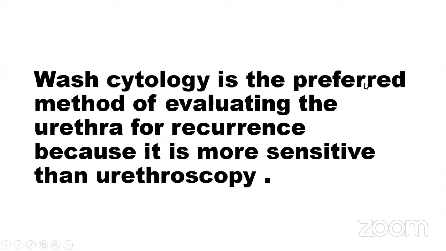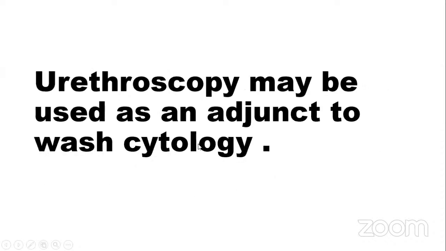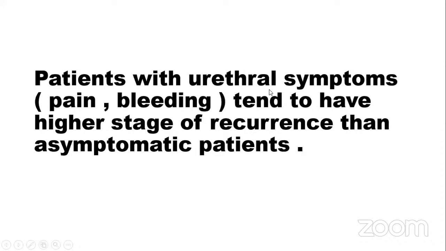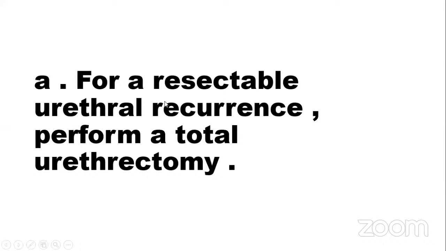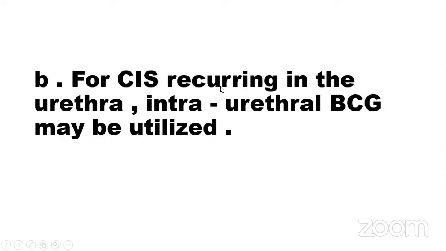Wash cytology is the preferred method of evaluating the urethra for recurrence because it is more sensitive than urethroscopy. Urethroscopy may be used as an adjunct to wash cytology. Patients with urethral symptoms, pain, or bleeding tend to have a higher stage of recurrence than asymptomatic patients. For resectable urethral recurrence, perform a total urethrectomy. For CIS recurring in the urethra, intraurethral BCG may be utilized.